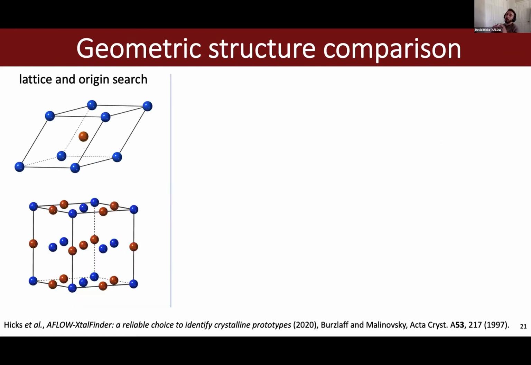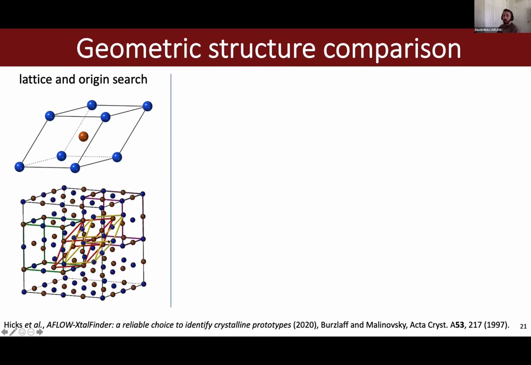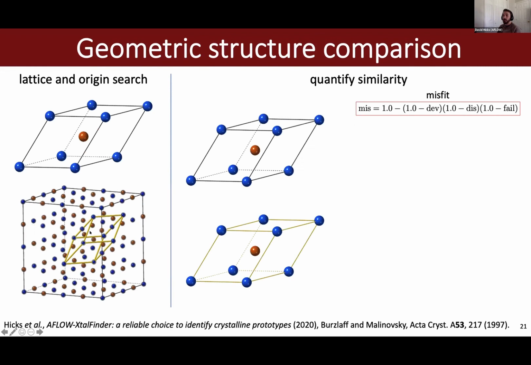And finally, we do a robust geometric comparison. In this case, we're trying to map two crystal structures onto one another and determine the level of similarity or dissimilarity. We take two structures, perform a supercell expansion on one, and try to find a similar representation to this input here. Then we need to quantify the difference between the two representations.